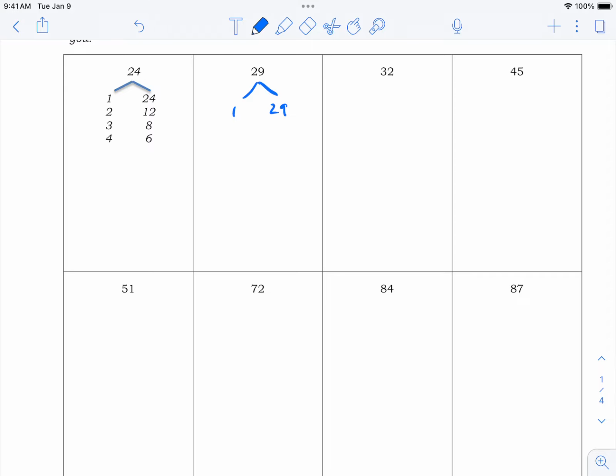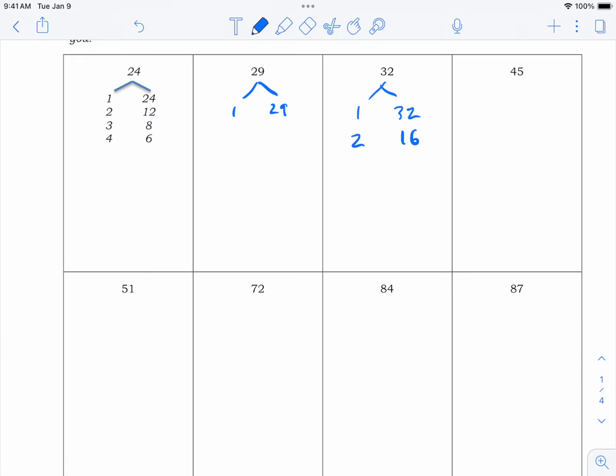Okay, next problem, 32. Well, you can always start with 1 times 32. 32 is an even number. If it's an even number, cut it in half, always. So it's an even number, so 2 goes into 32. That'll be 16 times. Can I divide by 3? Well, remember the trick. 3 plus 2 is 5. Does 3 go into 5? No. Well, then it doesn't go into 32.